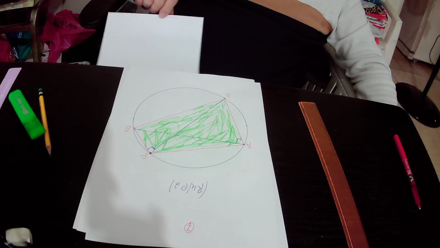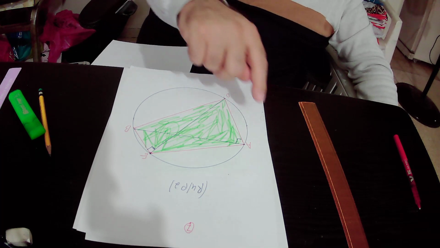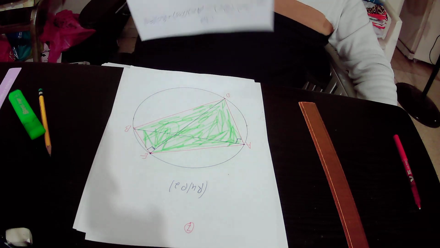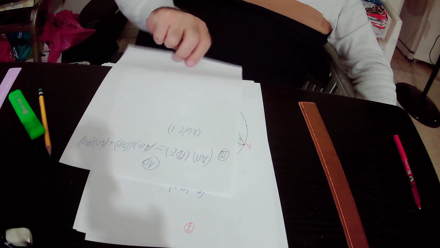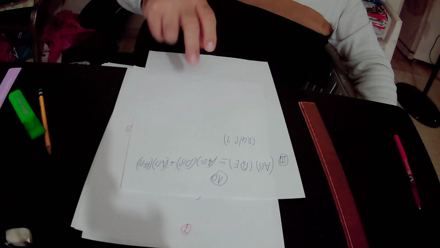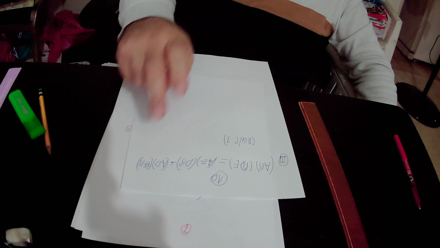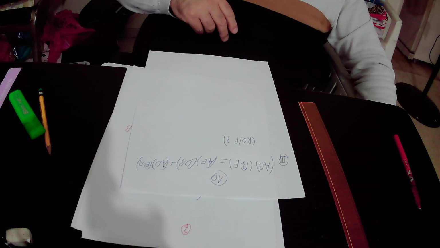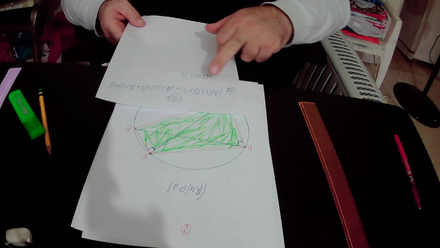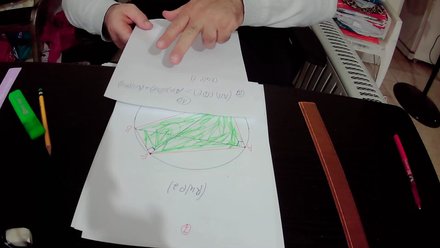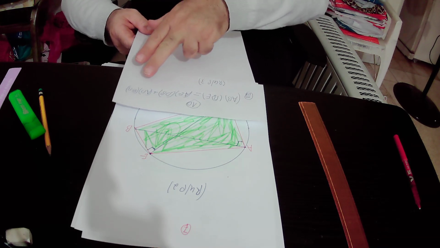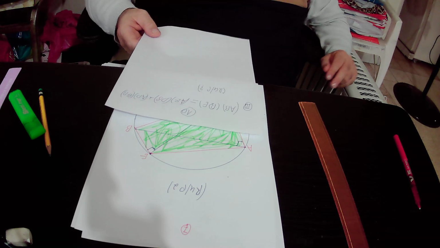And the sum of the products of its opposite sides is actually AE times DB plus AD times EB, or BE, it is the same. So AB times DE equals AE times DB plus AD times EB. Okay?